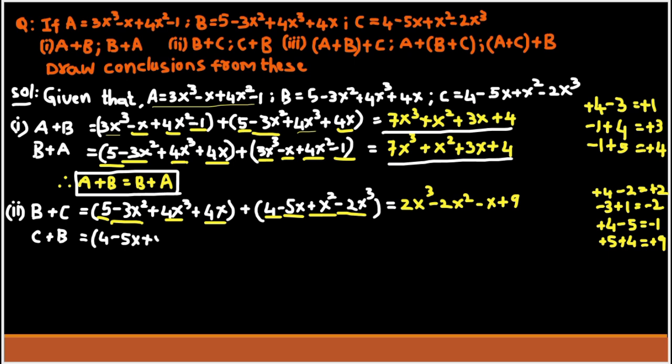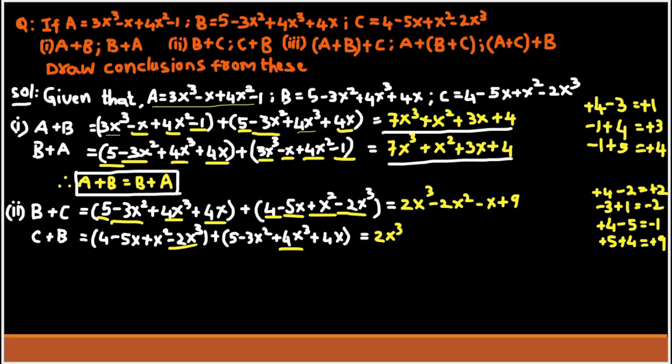Similarly, let's find c plus b. Here b is added to c. So we are writing the c polynomial first and then the b polynomial is added to the c polynomial. Let's do the sum operation here. Minus 2x cube from c and plus 4x cube from b.